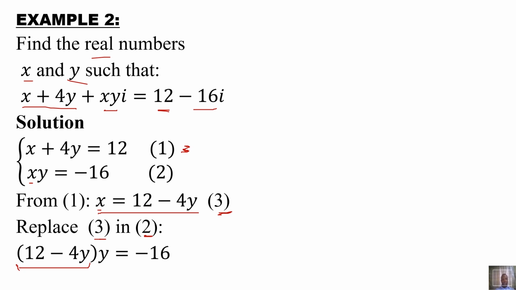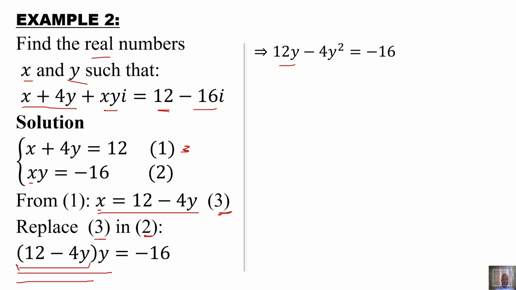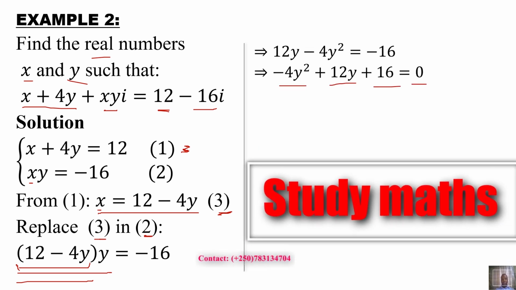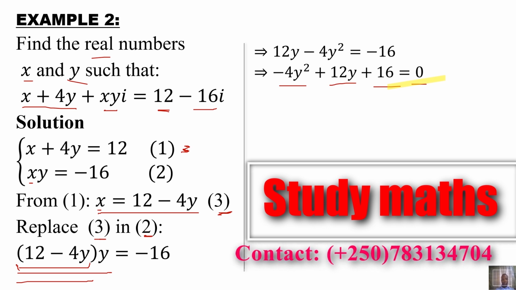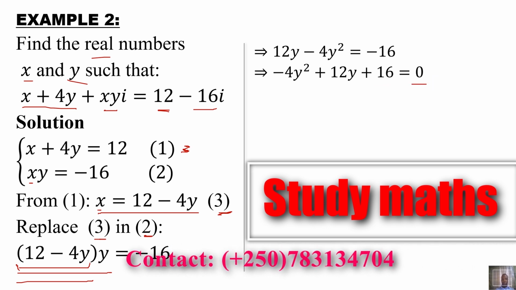After replacing, we obtain 12 minus 4y times y equals minus 16. Removing brackets, we obtain minus 4y squared plus 12y plus 16y equals 0.